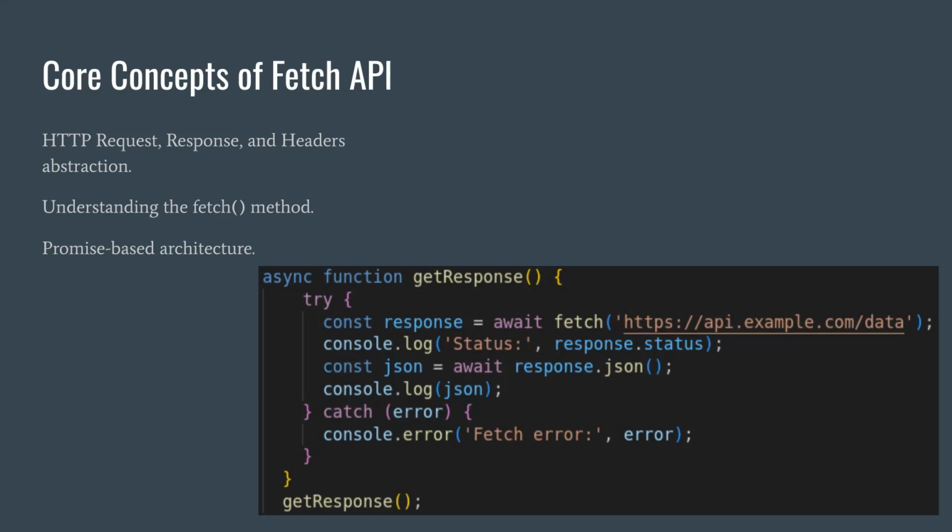The fetch function initiates a network request in an asynchronous manner. But the difference from the traditional callback-based approach is that fetch is completely promise-based, which makes it more aligned with modern JavaScript practices.